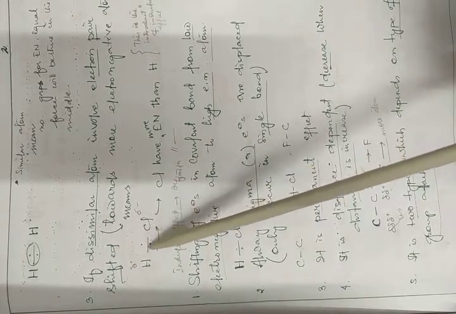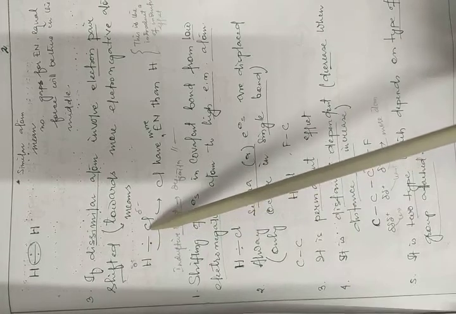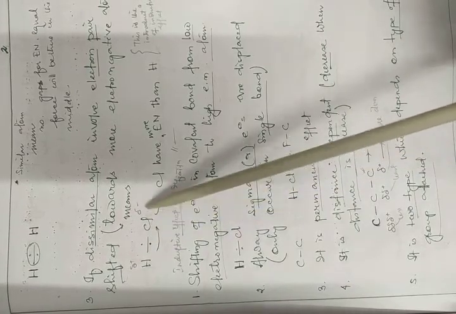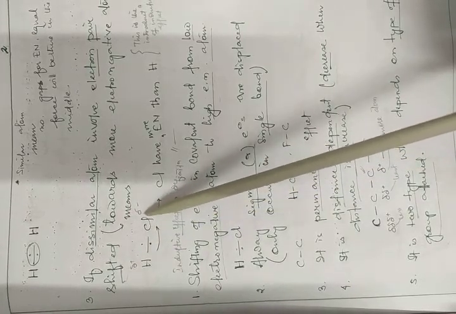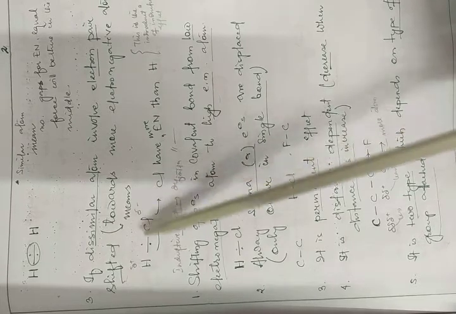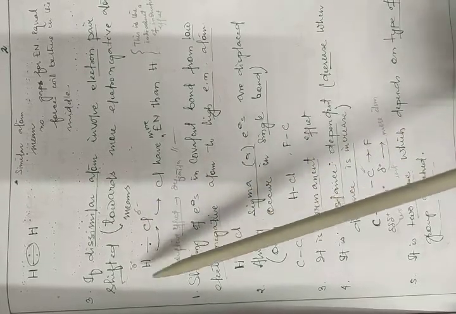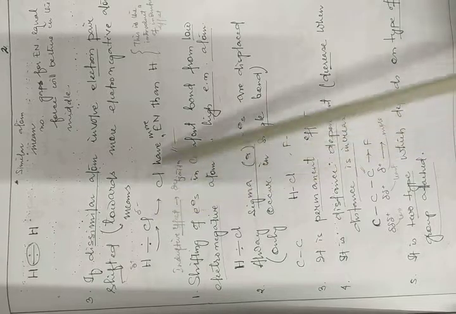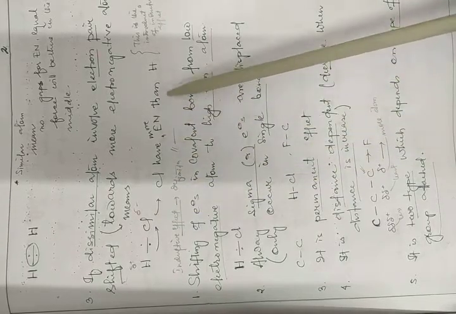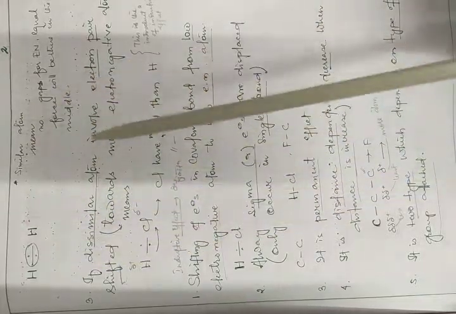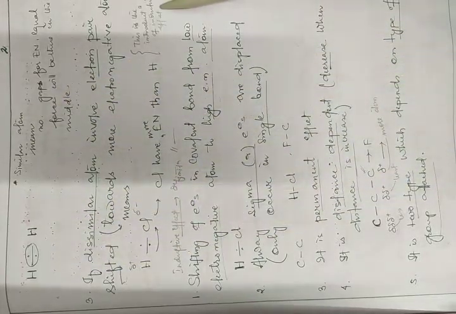So the chlorine will have delta negative and the hydrogen will have delta positive. That means chlorine has more electronegativity than hydrogen. These 3 points are the introduction of the inductive effect.